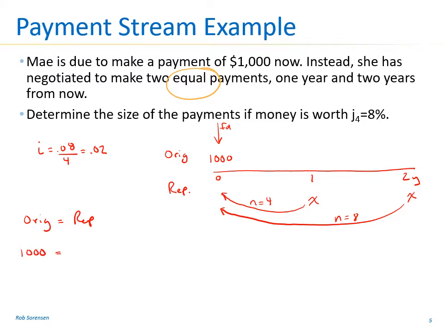On the replacement side, we have that first X being brought back 4 periods, and another X being brought back 8 periods. Now, I don't know what X is, but I do know it's an amount of money, so I'll treat it just like any other amount of money, whether I know it or not, and apply my formulas to it. I can start to work out some of these numbers now. This first one is 0.923845.